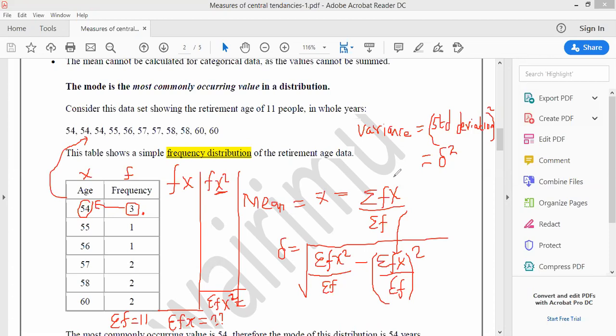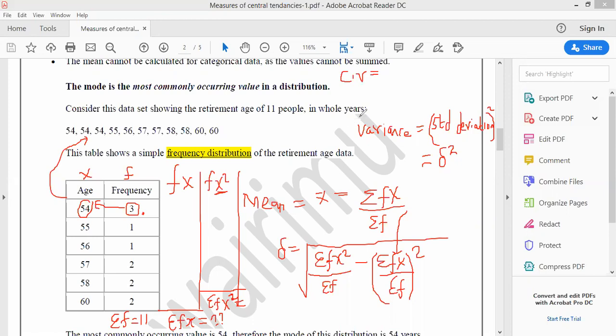Now, when you compute the standard deviation, you can be able to relate it to the mean of the distribution by computing what we call the coefficient of variation, abbreviated as the CV.